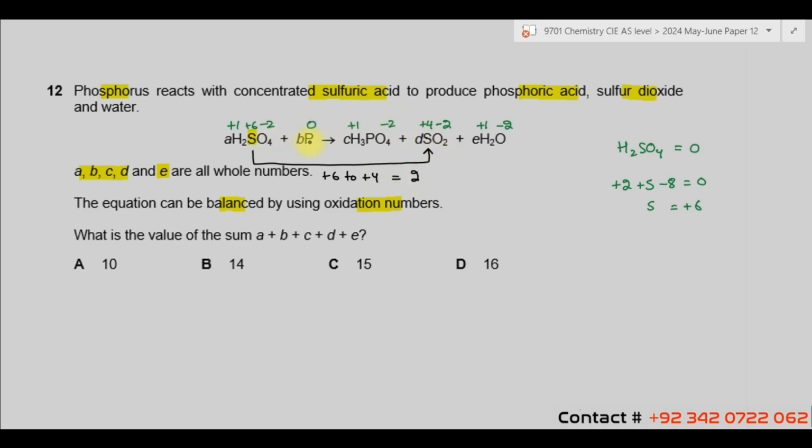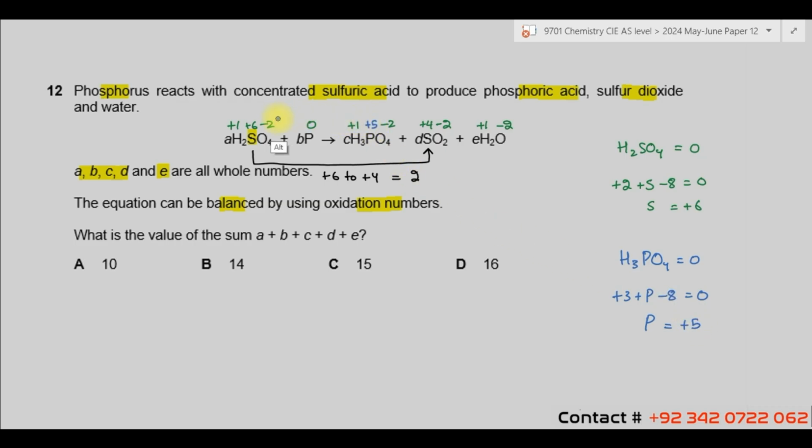And we can see phosphorus. Let's find out phosphorus first. So H3PO4 is neutral. 3 hydrogen is +3, 1 phosphorus, and 4 oxygen is -8. So phosphorus -5, then phosphorus will become +5.